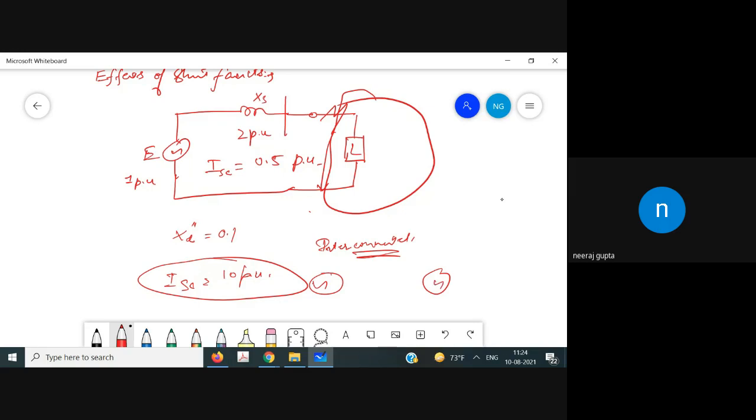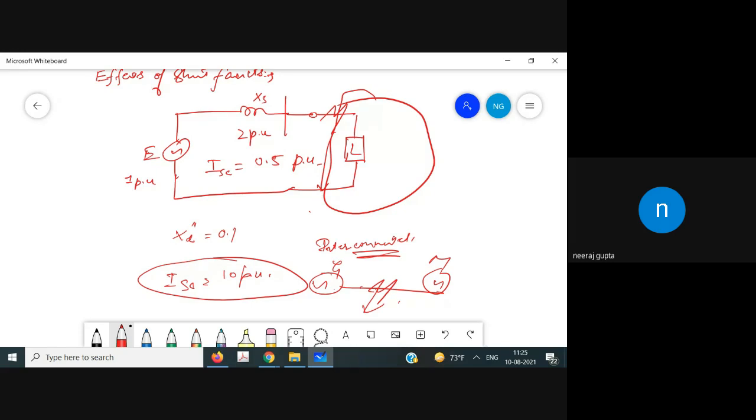All the generators will contribute towards that fault current. That is, if the interconnected system is there, then in that very case, with a transient impedance of 0.1, the short circuit current is 10 per unit.